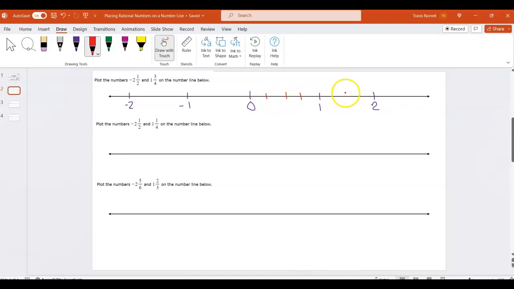And I do that by cutting it in half and then cutting my halves into halves.